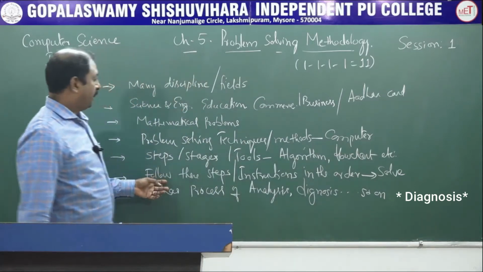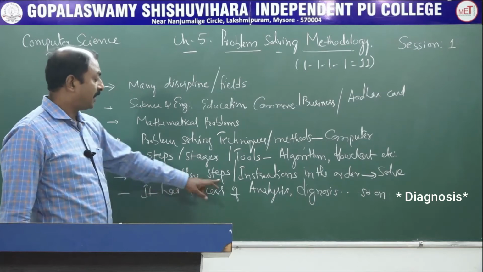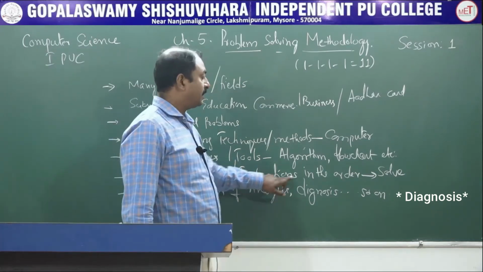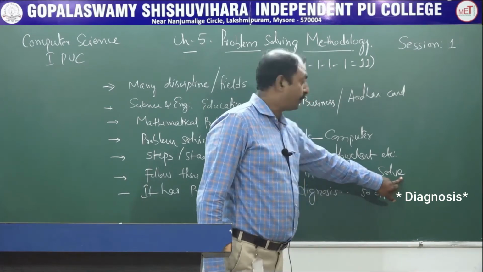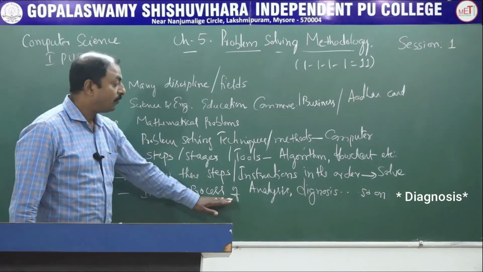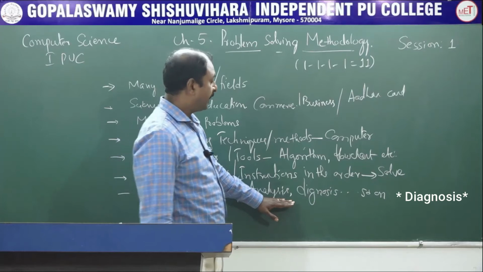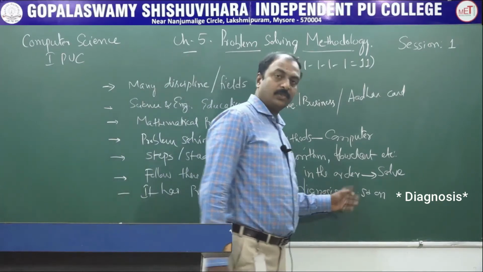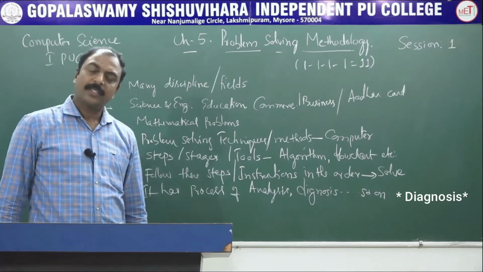The programmer has to follow these steps or instructions in order to arrive at a conclusion or to solve a particular problem. It also has a process of program analysis and diagnosis and so on. So this is about the problem solving methodology.